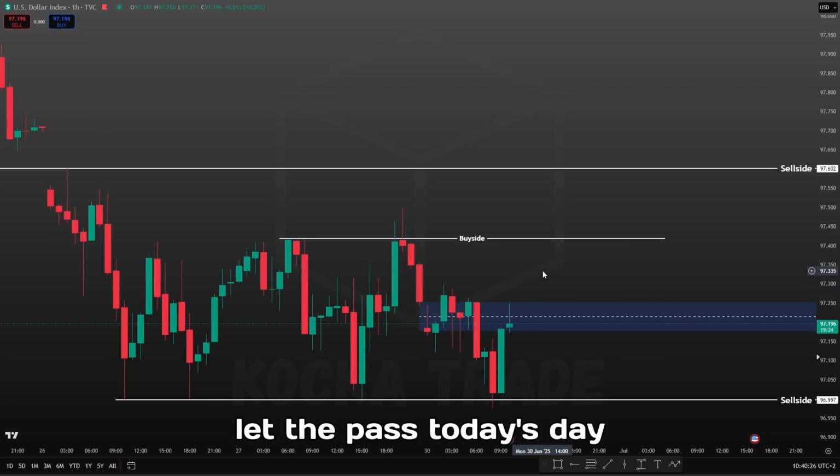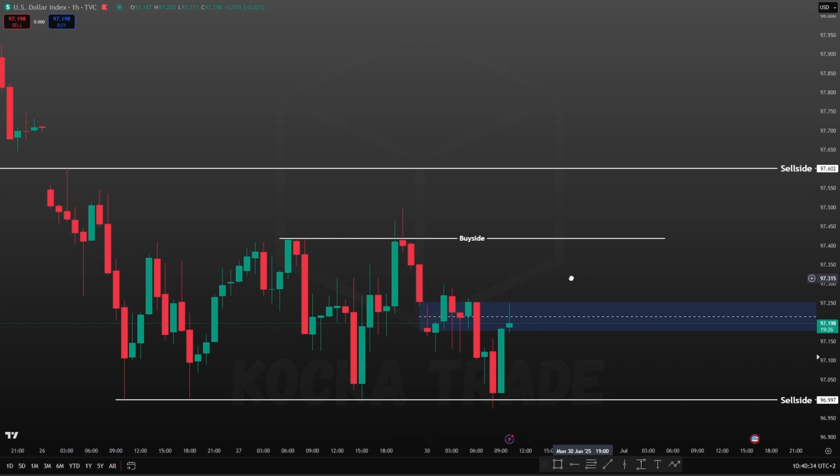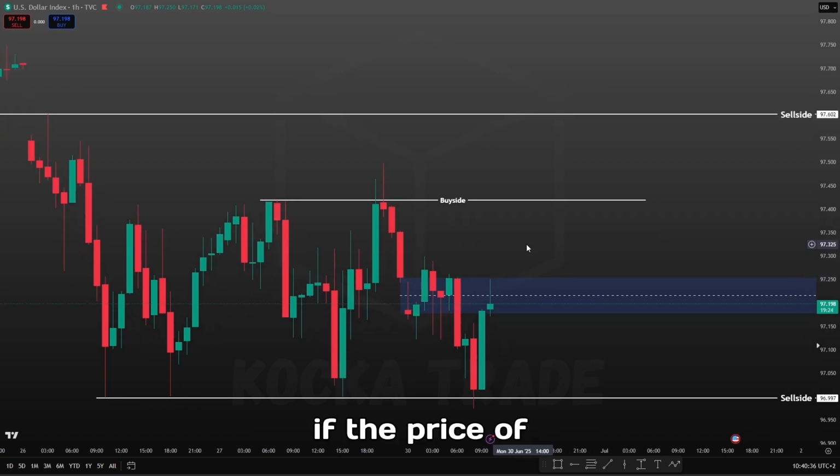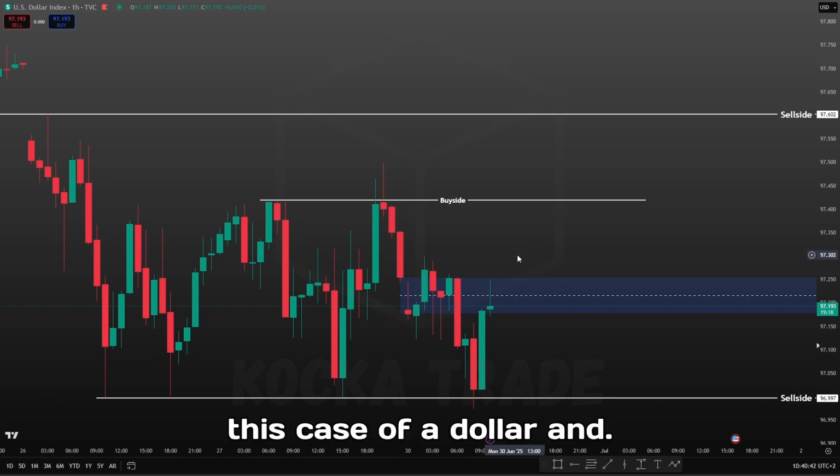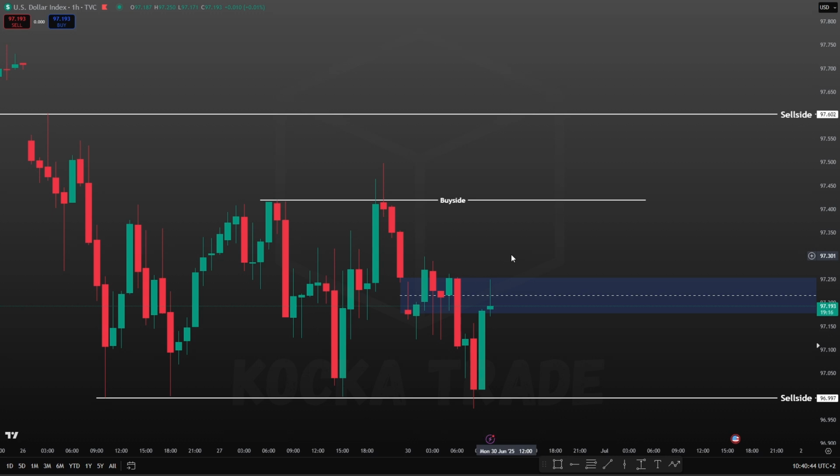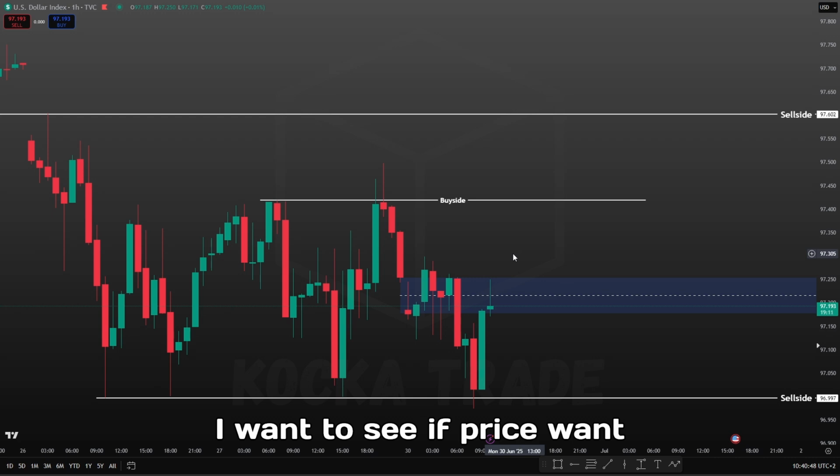let today's day pass and wait specifically for tomorrow, so I can see if the price of any instrument, or in this case the dollar and correlated to that the euro, wants to make some bigger retracement.